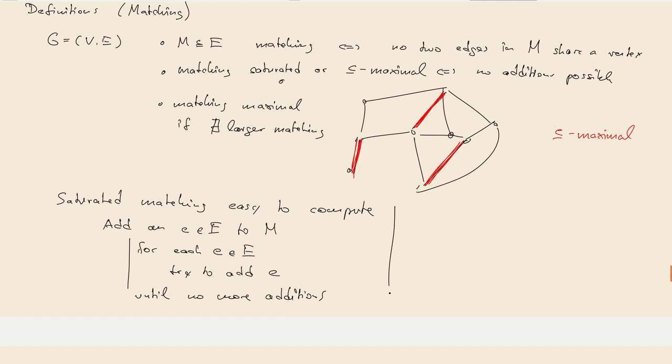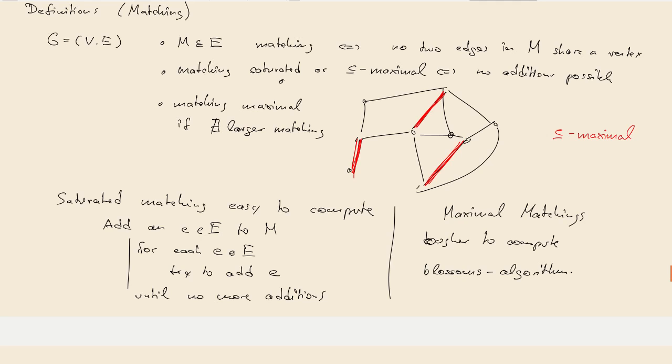Maximal matchings are a bit tougher to compute. So there's no very simple algorithm that would be on par in simplicity to this one, but there's the so-called blossoms algorithm.